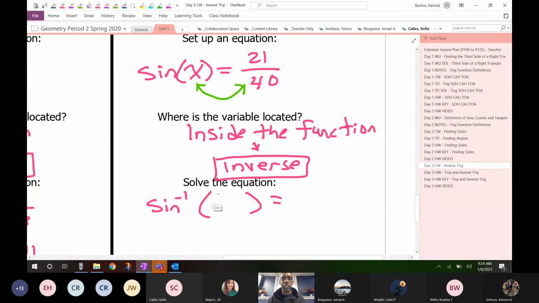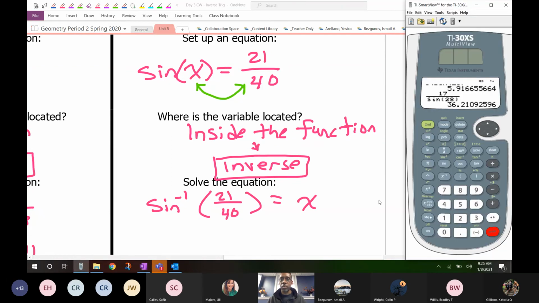So we will have the inverse sine of 21 over 40, and that will equal x. And this is something you can put in your calculator as well. So if we do second sine of 21 over 40, then that will give us the angle. So we have 31.668.